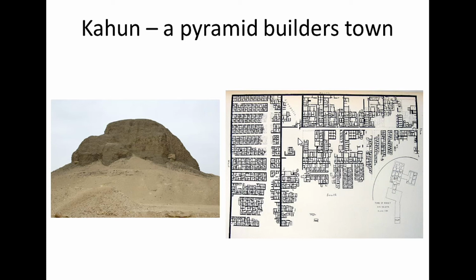But the key thing was Petrie didn't excavate the pyramid; he excavated the town, which you can see as my cursor moves over it. The little squares are individual houses laid out in terraced streets, laid out in a proper grid pattern.